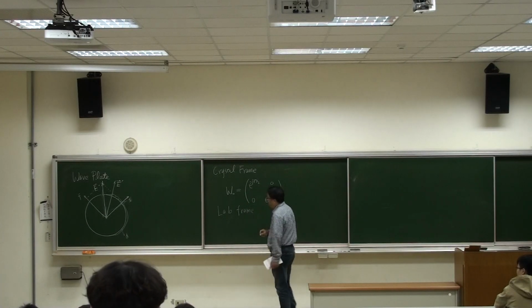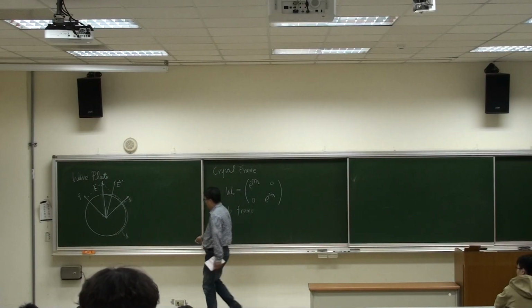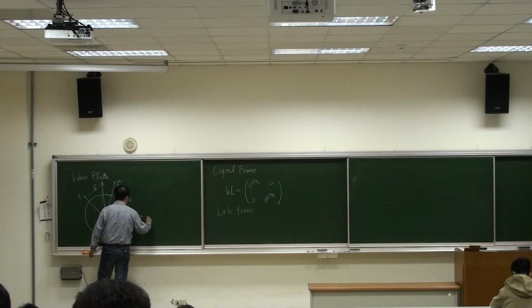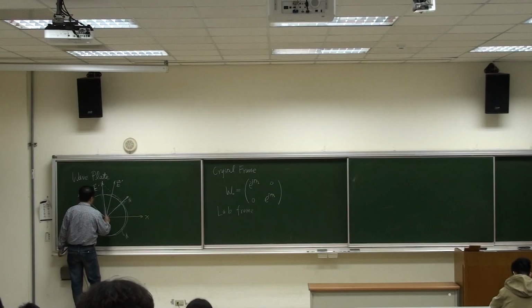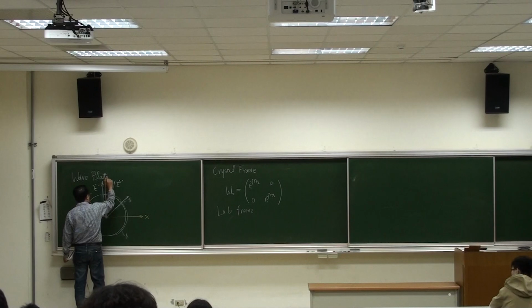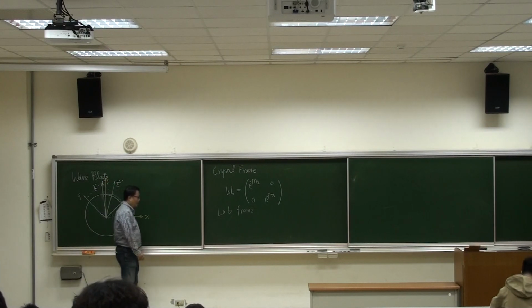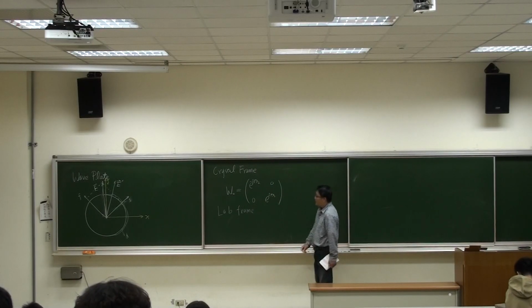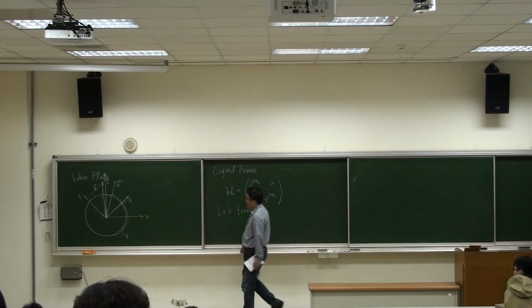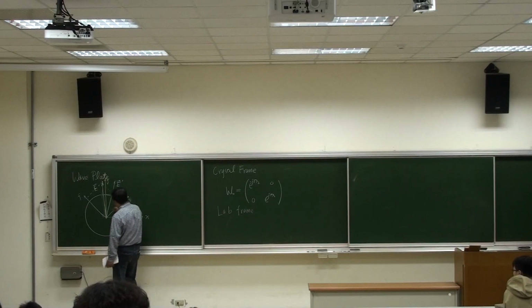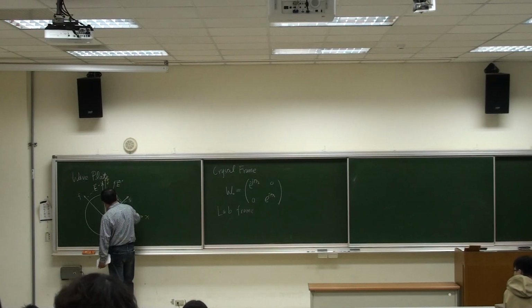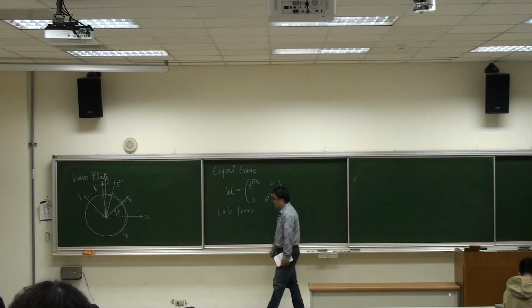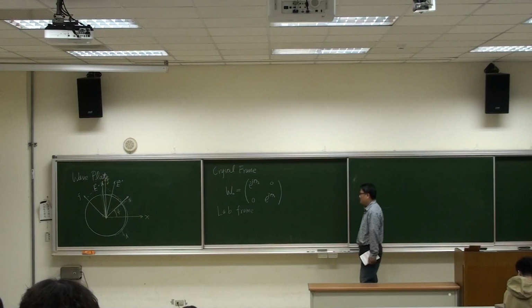In lab graph, since usually we set the x-axis and the y-axis of the lab graph different from the slow and fast axis, and there, in general, has a non-zero angle between the slow axis and the x-axis.